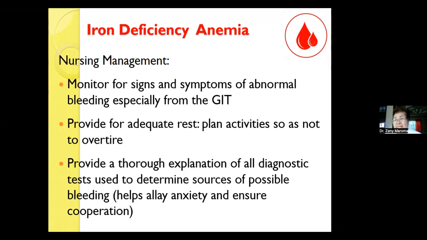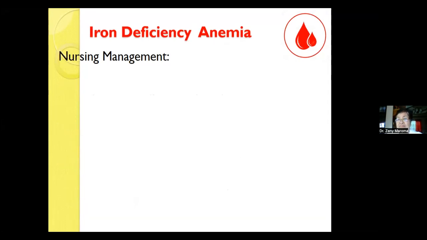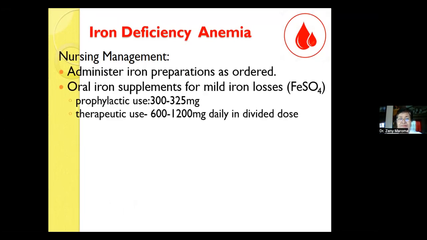Pero si ma'am, nakinuwento ko, no need for diagnostic test kasi siya mismo may sabi at nag-report sa doktor, Doc, mayroon akong hemorrhoids. Ayan. Kaya no need for anoscopy. Okay? Kasi confirm na meron siya nito. Alright. Continue the nursing management. Administer iron preparation as ordered.